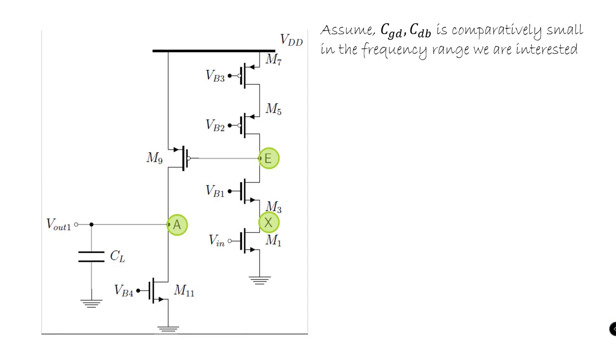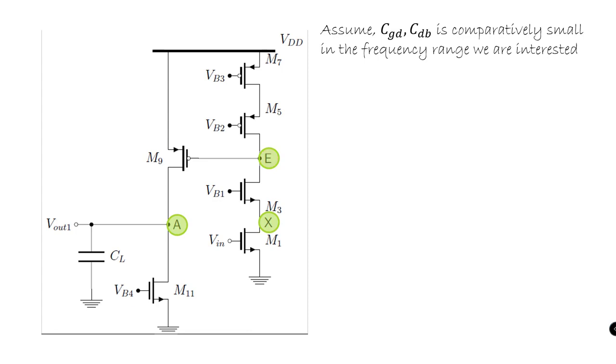So with respect to node X, we have the corresponding value of Cx and Rx as shown here. And once we have the value of the node capacitance and resistance, it becomes easy for us to evaluate the node pole, which is defined as Gm3 divided by Cx.